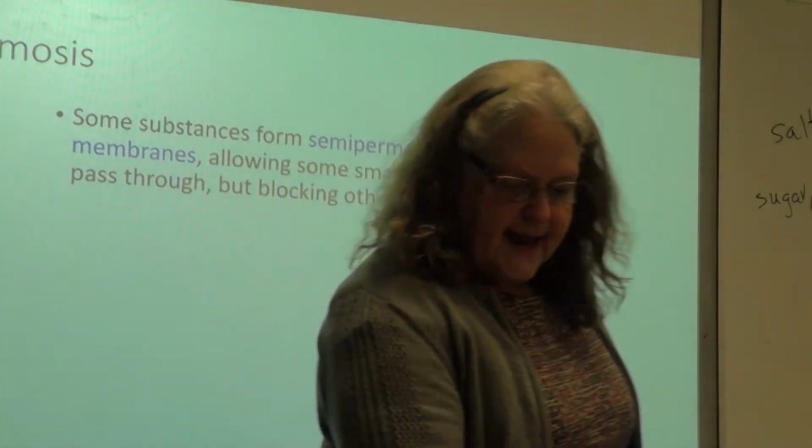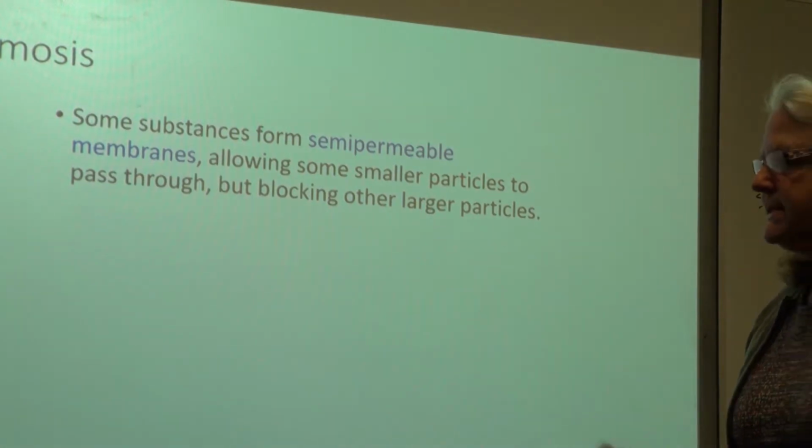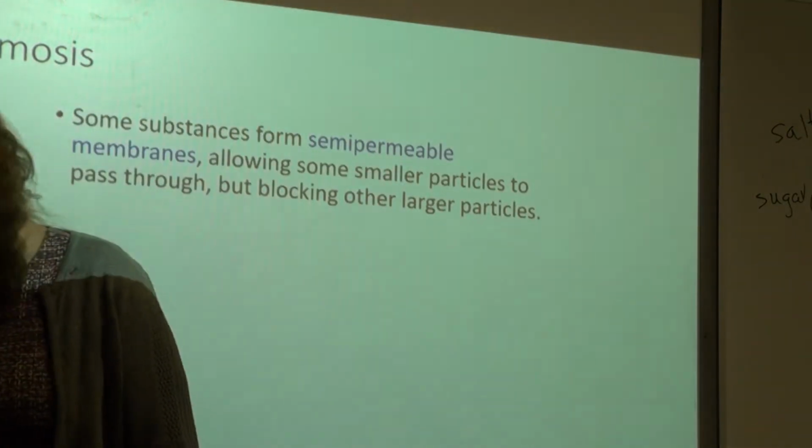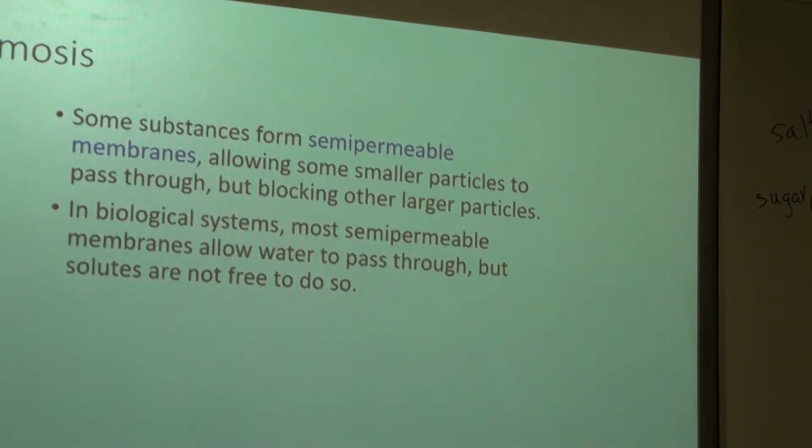All right, so the last colligative property that we're going to talk about is osmosis. So osmosis is important in a lot of different applications, but in particular for you guys, since a lot of you are in allied health fields, in your body, all right?